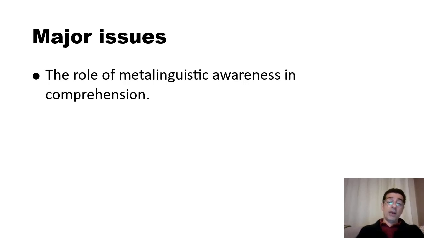More aware learners are more sensitive to phonological knowledge, for example, and its relationship to orthographic knowledge. I guess I have told you previously about the connection between sounds and the letters as you can see them, right? So that is a part of your metalinguistic awareness and the role it plays in comprehension.